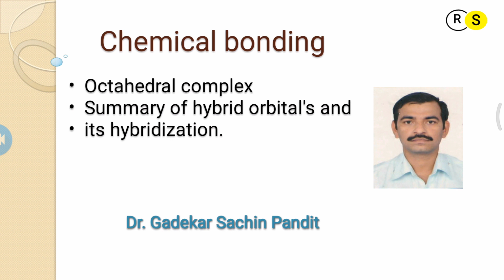hybridization involving d orbitals: square planar dsp2 hybridization, and then trigonal bipyramidal types of hybridization such as dsp3 or sp3d, in which we discussed different examples such as the iron pentacarbonyl complex.